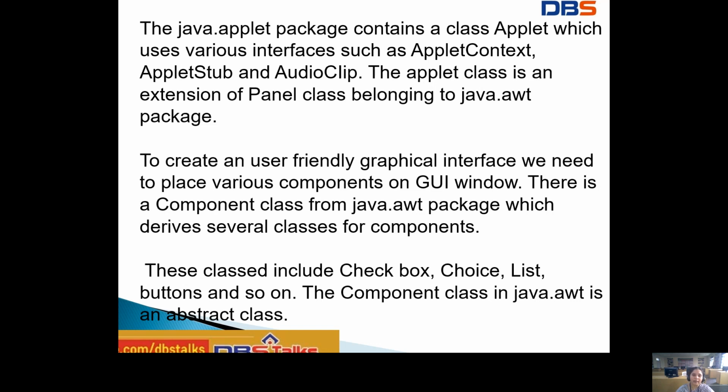To create user-friendly graphical interfaces, we need to place various components on the graphical user interface window. There is a Component class in the java.awt package, which derives several classes for components.